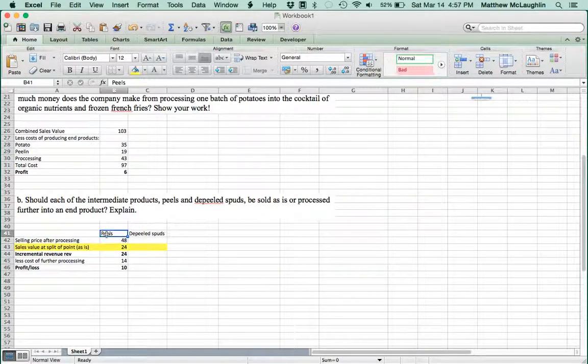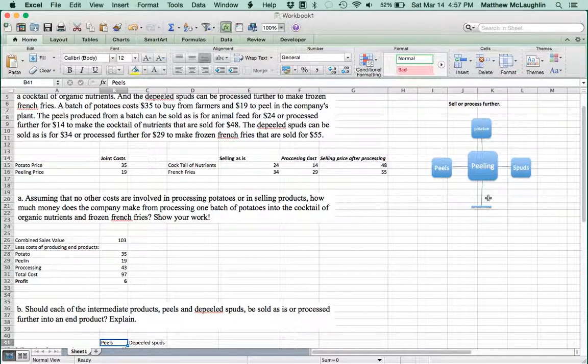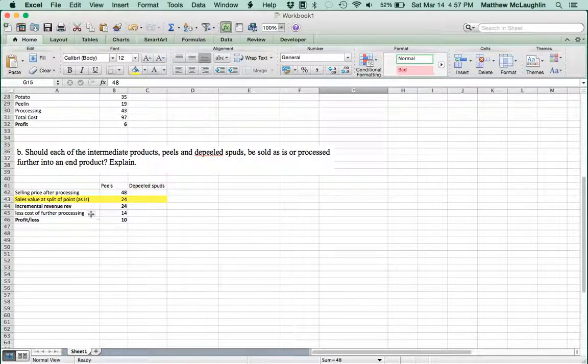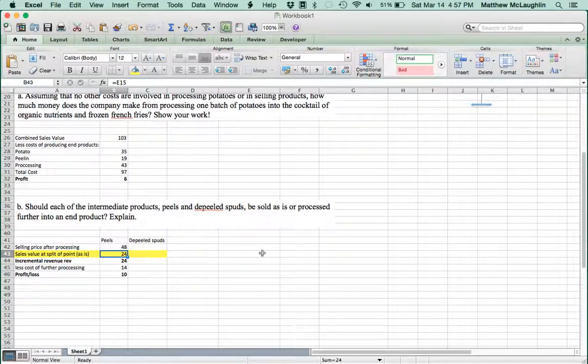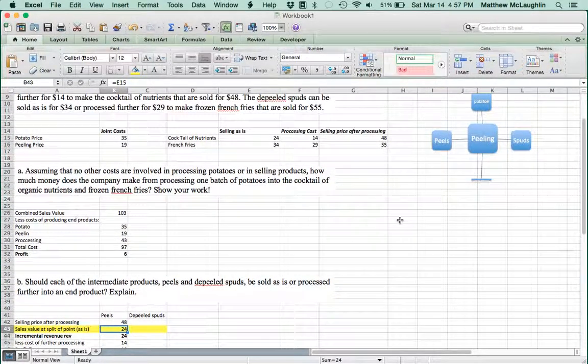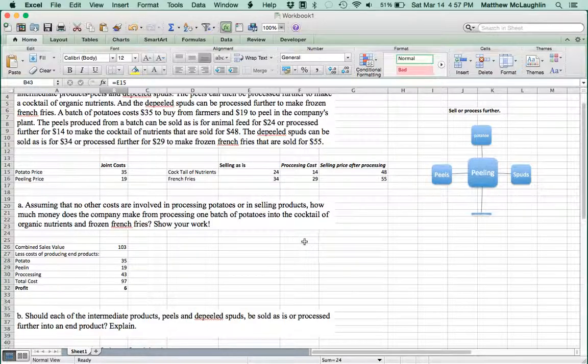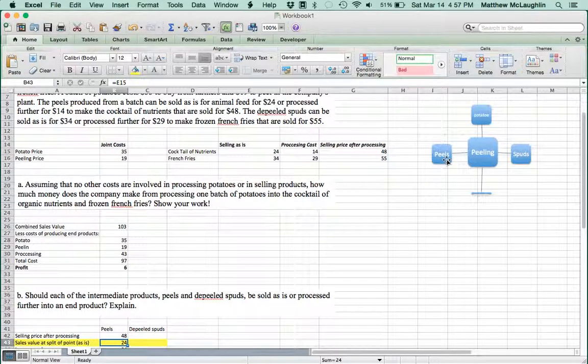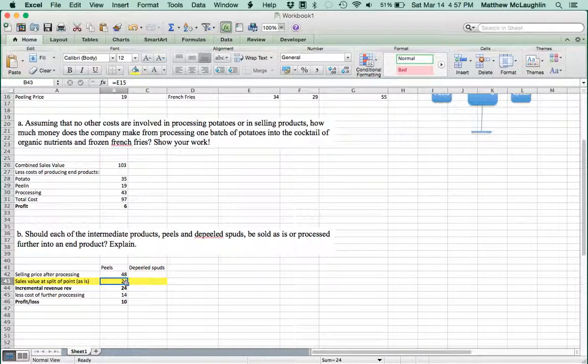Let's start with the peels. Selling price after processing is $48. Sales value at the split off point, which is basically the as is price, is $24. So 48 minus 24 is 24.